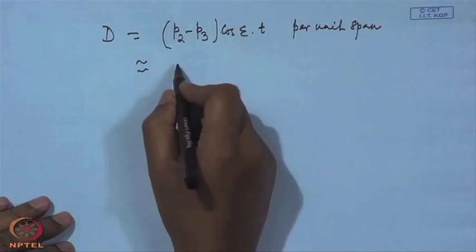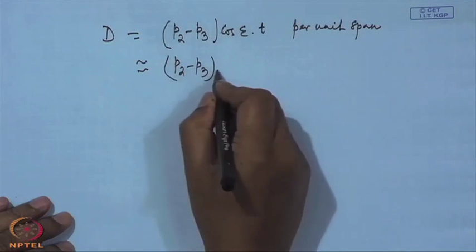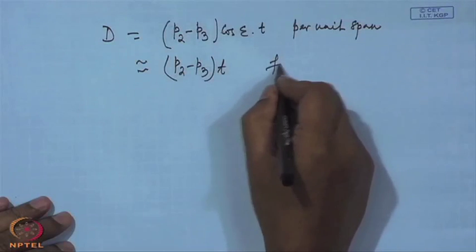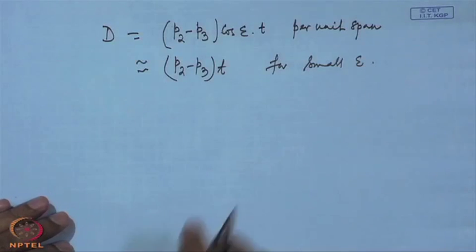And that is equal to P2 minus P3 into T for small epsilon.